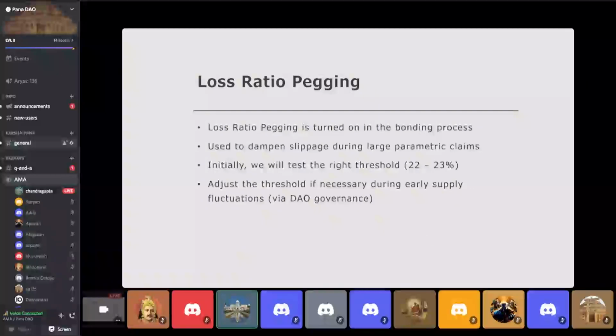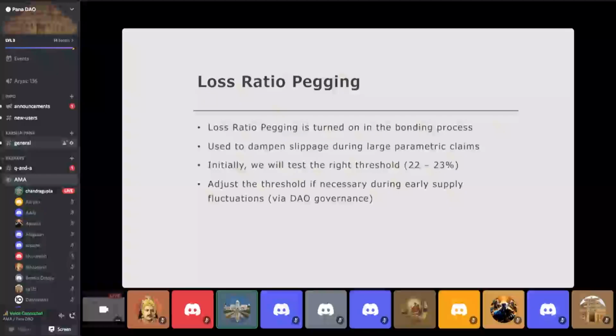So loss ratio pegging, as explained beforehand, is a crucial mechanism in supply control for our token. We would make sure that our token's supply always lies within a channel surrounding 22.5%. Again, I want to point out that this percentage is an ideal percentage and is subject to change as per how the protocol progresses.